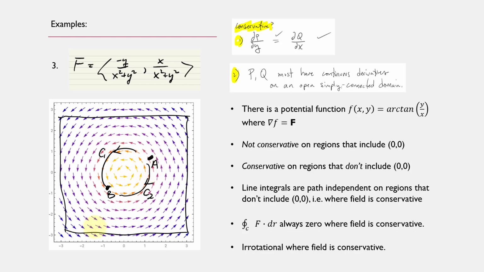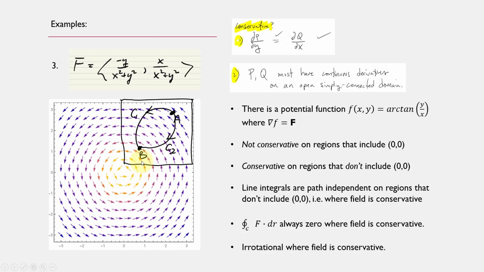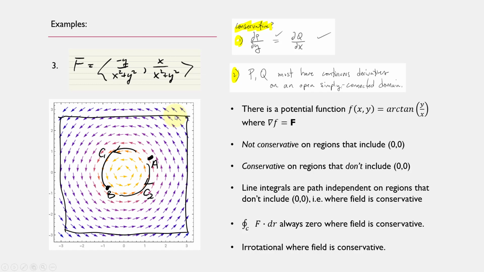That's not surprising, of course, because of the rotation in the field, but it's interesting comparing that with a region here where paths C1 and C2 would be equal, and completing a circle from A to B and then back to A would produce 0, but in a situation like this, it wouldn't produce 0.